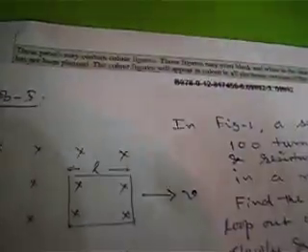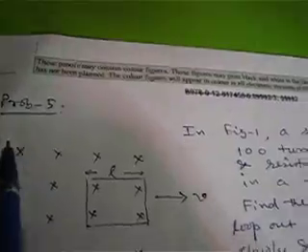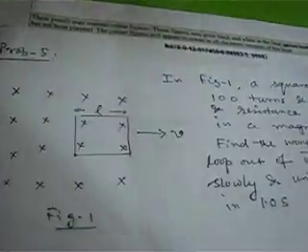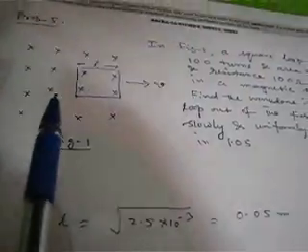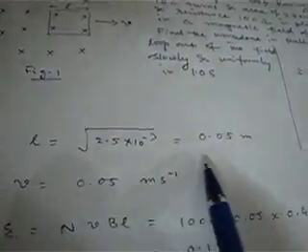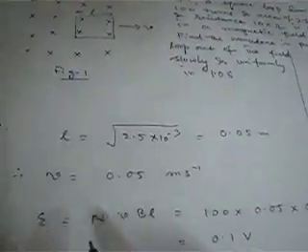Next problem, problem number 5, that is also a very important problem. A square loop is placed in a magnetic field. It is suddenly pulled out. Calculate the work done in this process. Its length is calculated to be this one. Area is given.